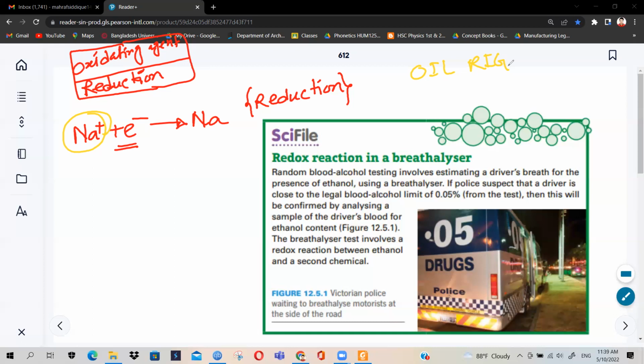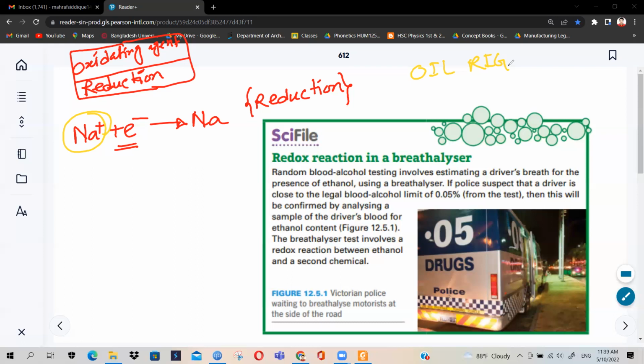In the reduction process, you will see that electron is being gained, and in the oxidation process, you will see that electron is being lessened. That is the most important part. So oxidating agents will gain electrons, and in the process of reduction, electrons will be gained.